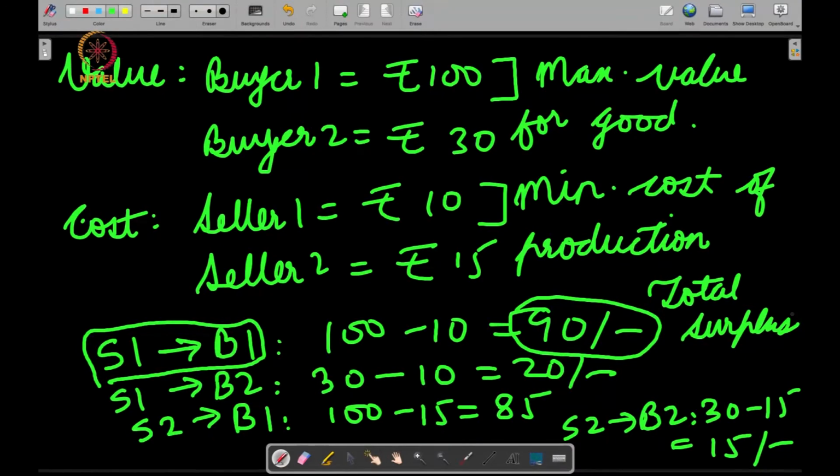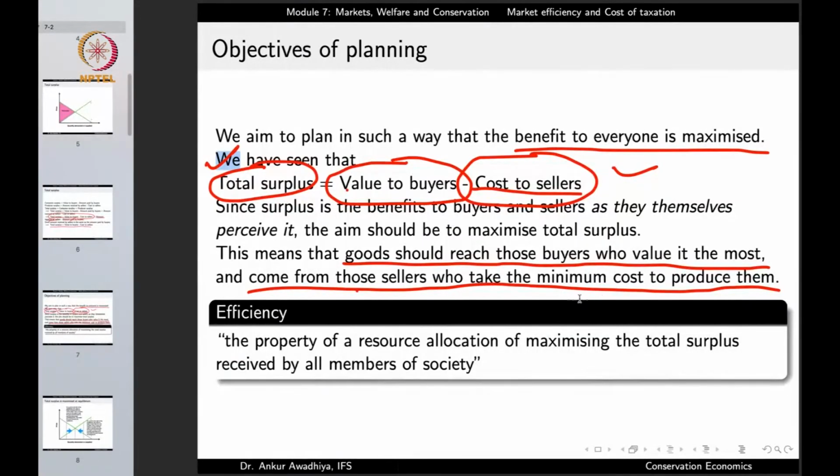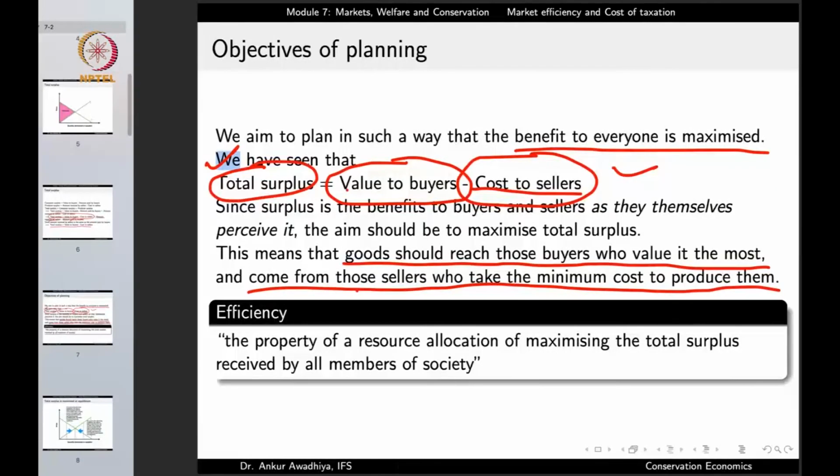So to maximize the total surplus, the goods should reach those buyers who value them the most and should come from those sellers who take the minimum cost to produce them. In that case, the total surplus is maximized, and that is one aim of planning, to maximize the total surplus or the welfare of the society.